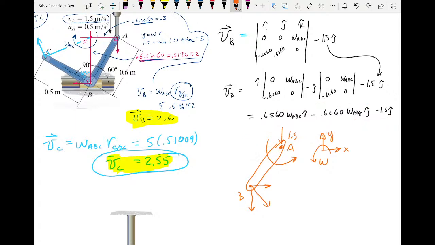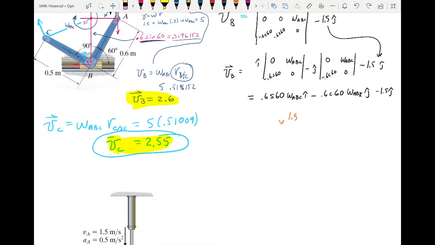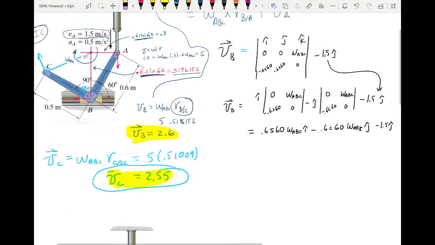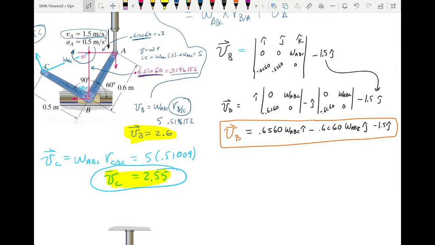So let's dismantle this. Okay. So now you have essentially velocity of B. And we're just going to hold off on this one for a second.